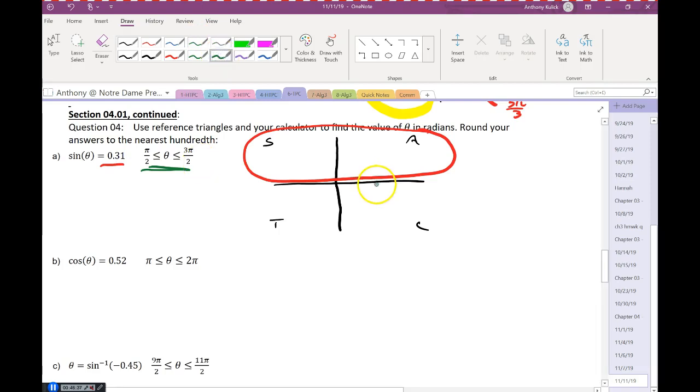So we're going from 0, and then we get to pi over 2. So that's the start of the range. And then we're at pi, and we're at 3 pi over 2. That's the end of our range. So the range of answers that we're looking for is between, or is in the second and third quadrants. So the angle I'm interested in is this one here. Is everybody okay with that reasoning?